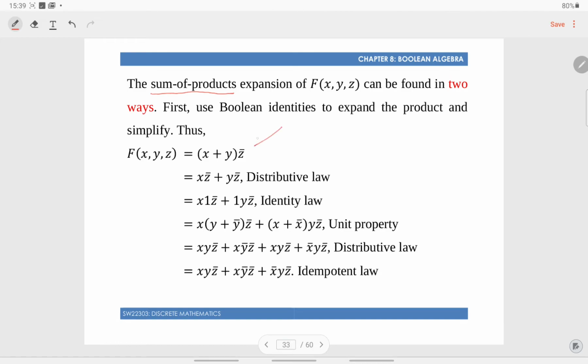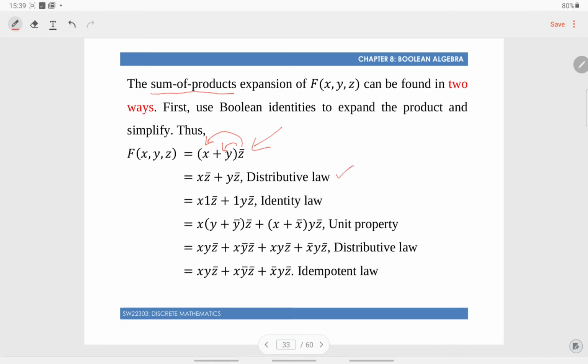So we have the given function, x plus y in parentheses, and outside the parentheses we have z complement. Using the distributive law, we can expand this expression and it becomes x times z complement plus y times z complement.